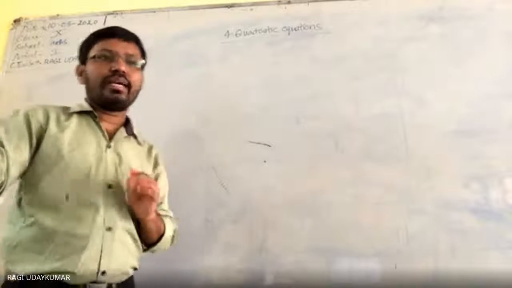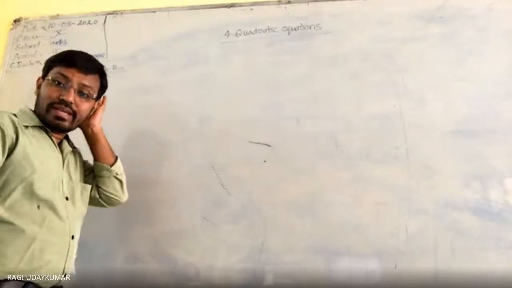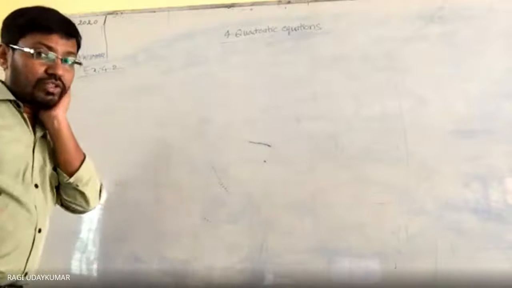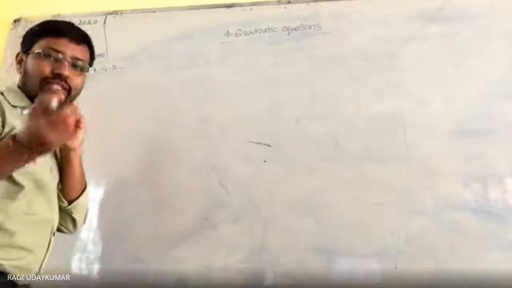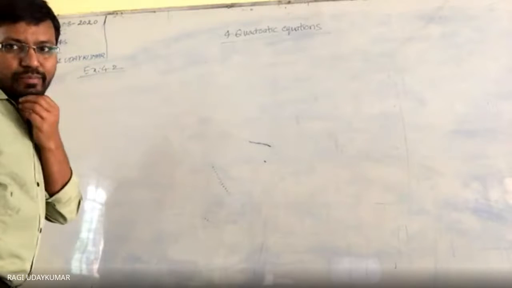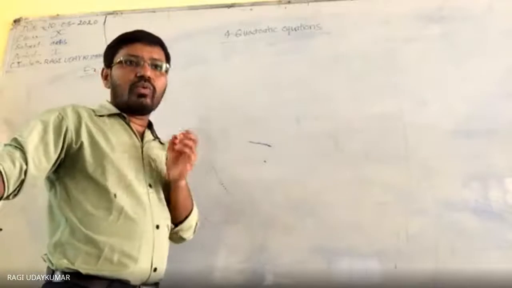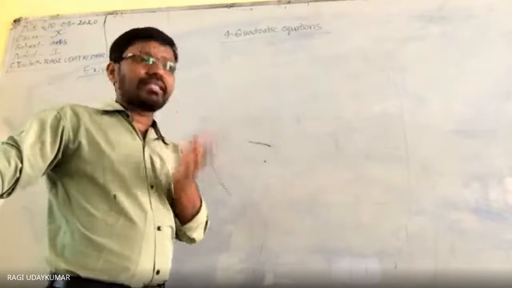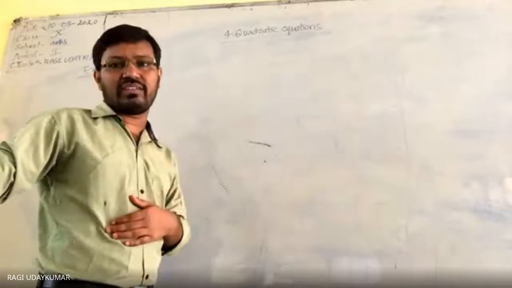Okay. So now, the sum of the two numbers is 27 and the product is 182. The sum of the two numbers is 27, so if one number is x, then the other number is 27 minus x, not x minus 27.